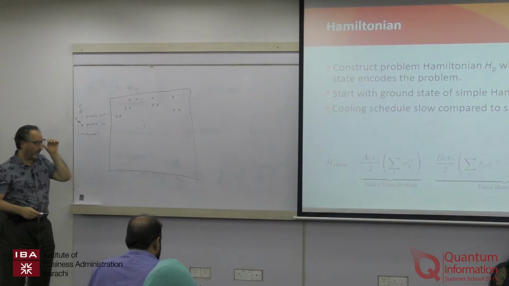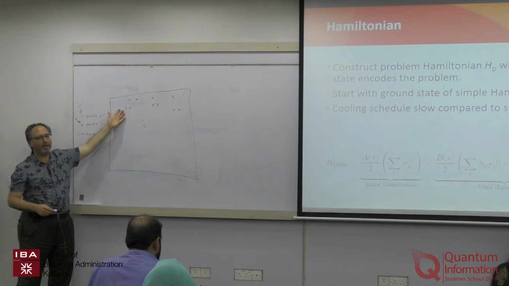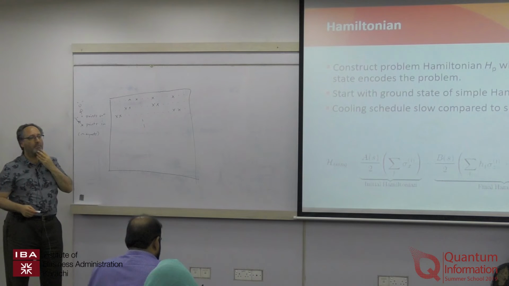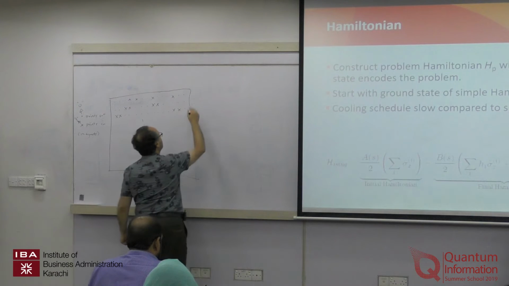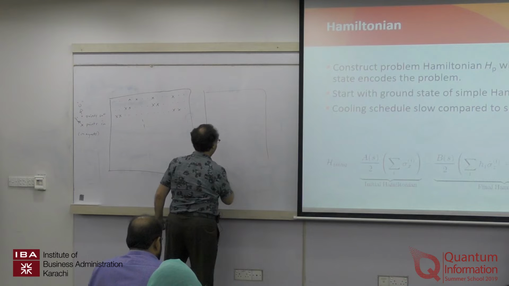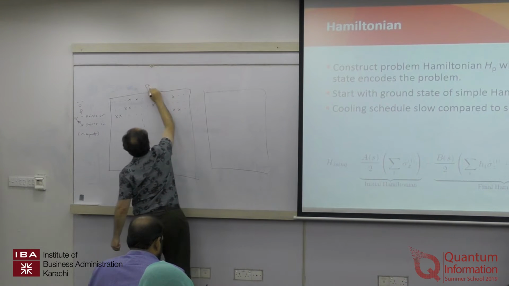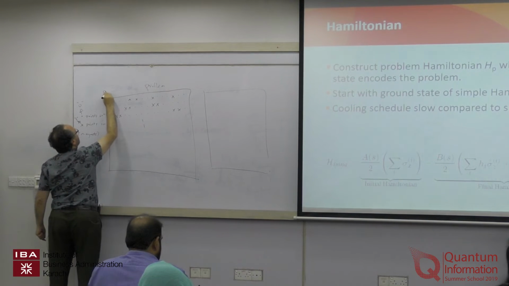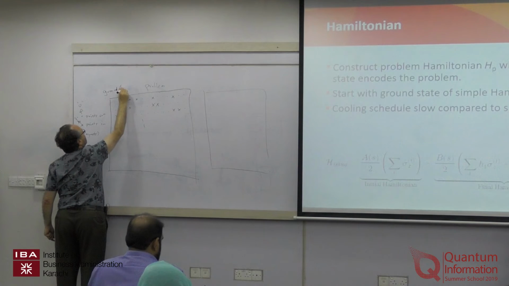So it controls all that, and in the end, the resultant magnet has magnets pointing in or out. You read them as zeros and ones, and the string of zeros and ones is the answer to your problem. That's how it works. The initial state, typically, so this is the final state, the problem. The ground state, I'll put down the ground. So ground means lowest energy.